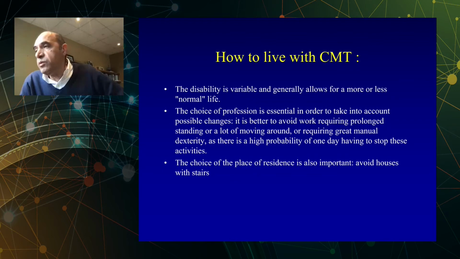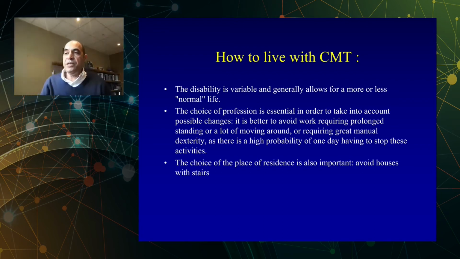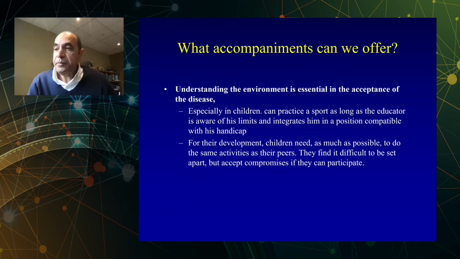It's better to avoid, for example, work requiring prolonged standing or a lot of moving around or requiring great manual dexterity and so on. The choice of the place of residence also is important, for example, to avoid houses with stairs.